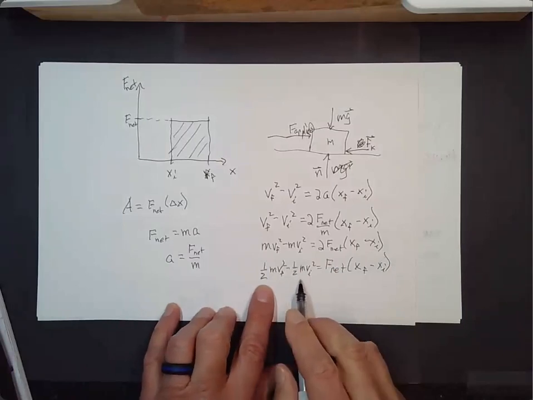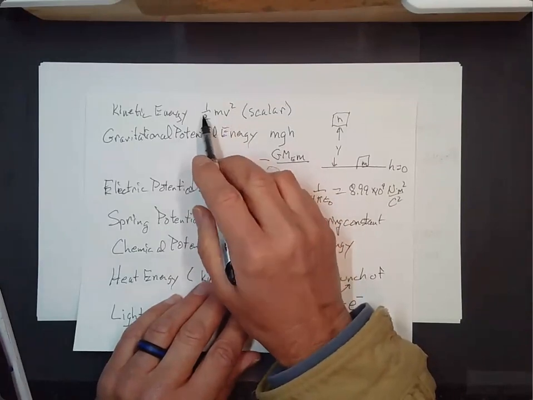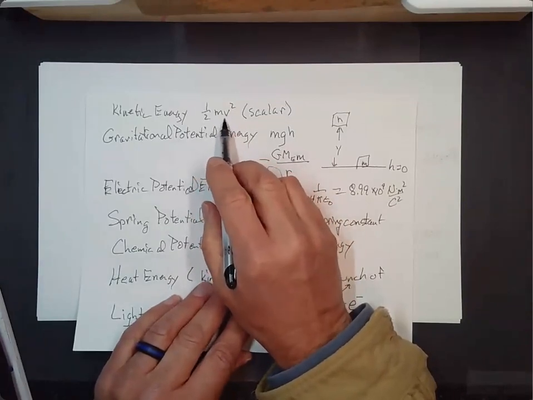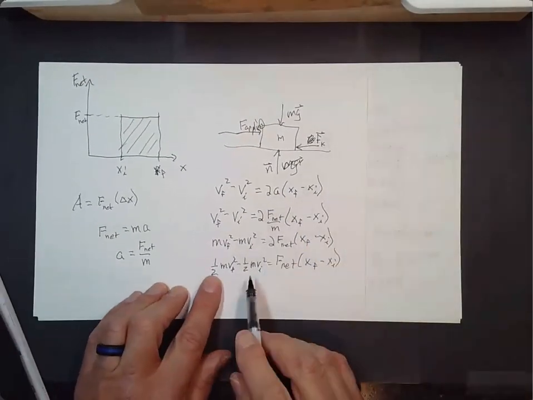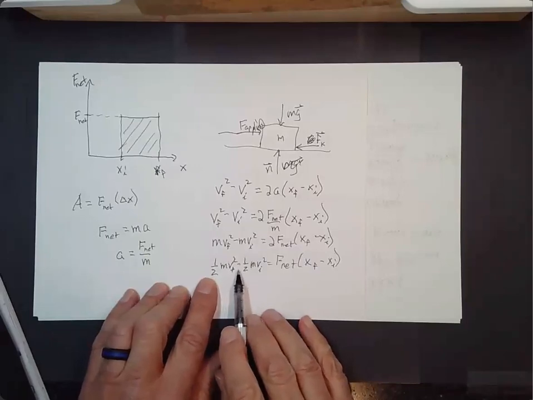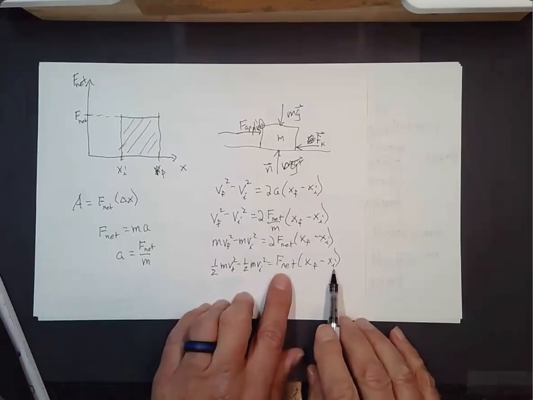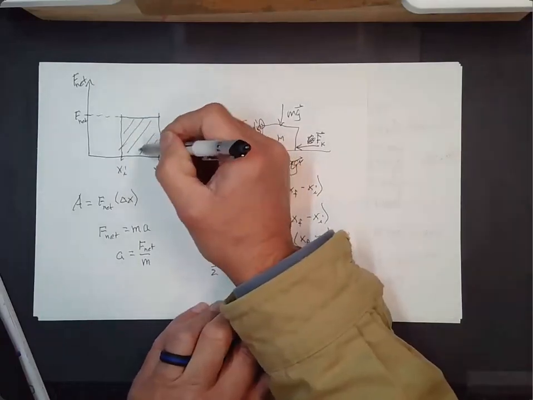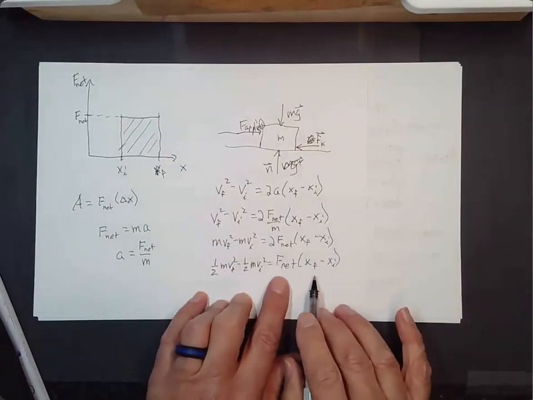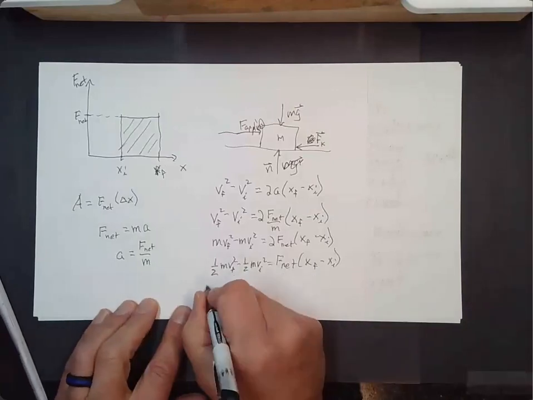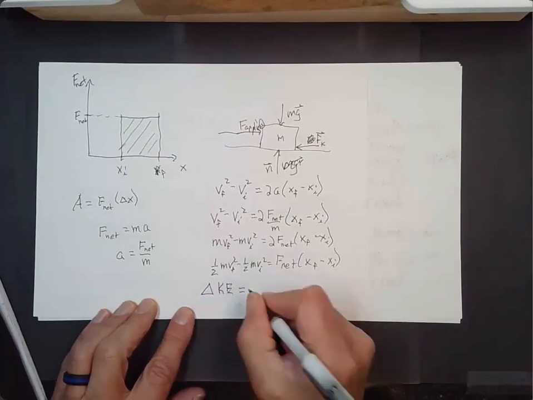Well, what this thing is, 1/2 m v squared, is the kinetic energy. And what this represents is the final kinetic energy minus the initial kinetic energy. And what this represents is the area under the curve here, or the area of that box that we happen to have there. This is the change in kinetic energy, so we could write it as delta KE is equal to this.